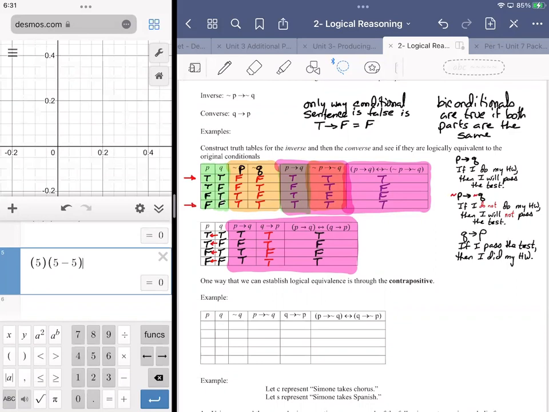All right, so the next one is the contrapositive. We're looking at a relationship between some sort of original argument and the instance in which you switch and negate the components of that argument.